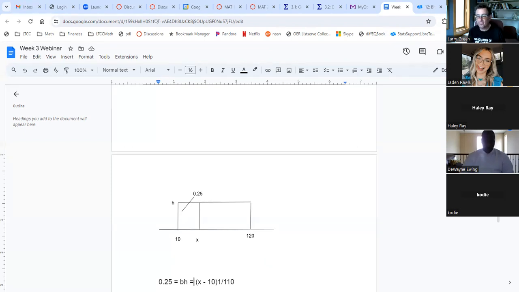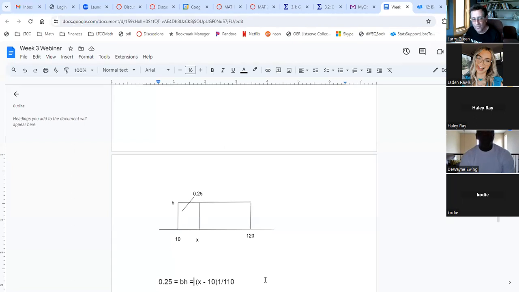What's the first step? Notice this is x minus 10 in parentheses times 1 over 110. Any thoughts? I don't see y'all jumping in.